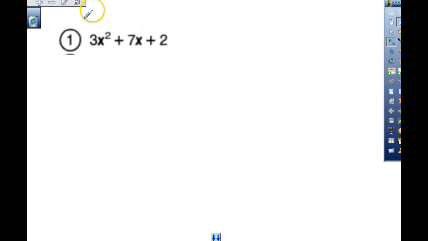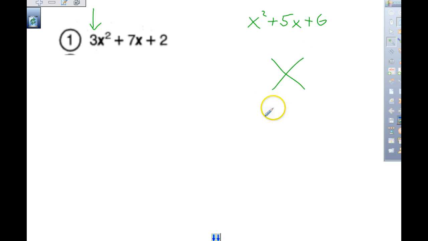Trinomial, but there was no number here. So we're busy doing things like what's x squared plus 5x plus 6. Using that x marks the spot and saying, well, on the top, what multiplies to 1 times 6? What adds to 5?